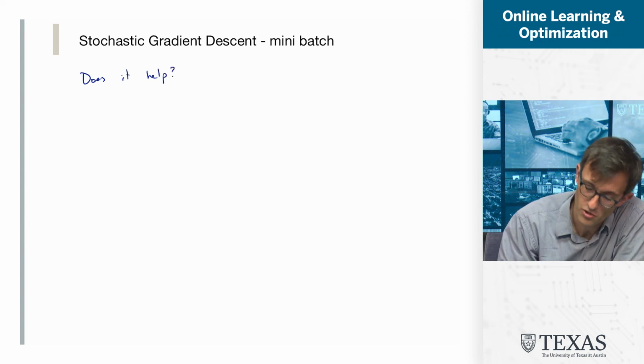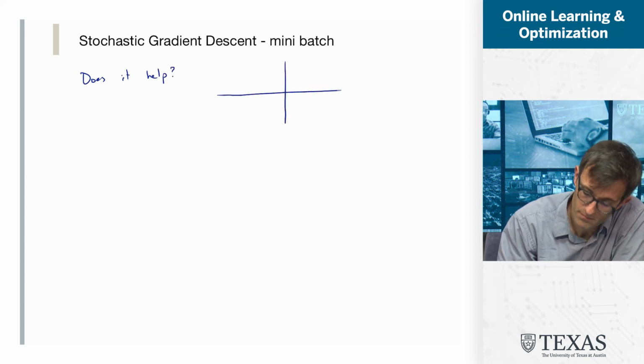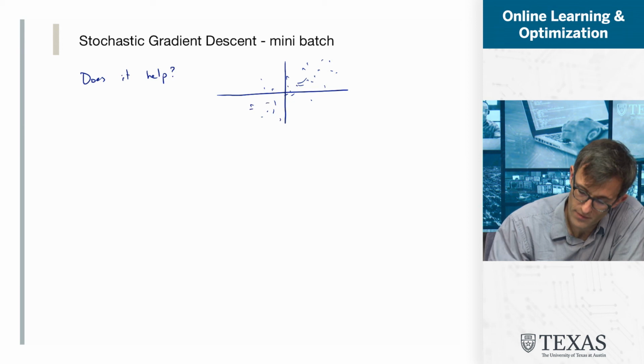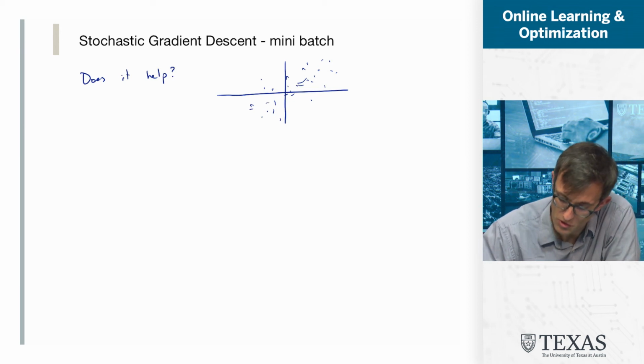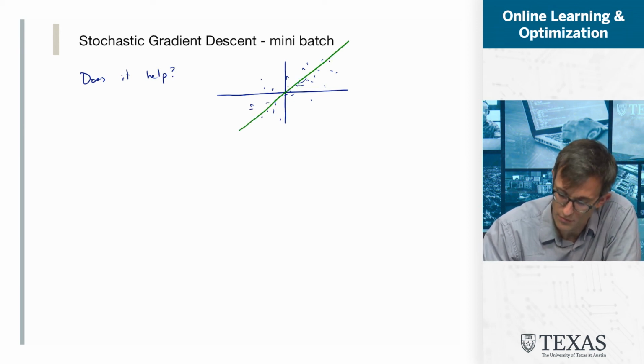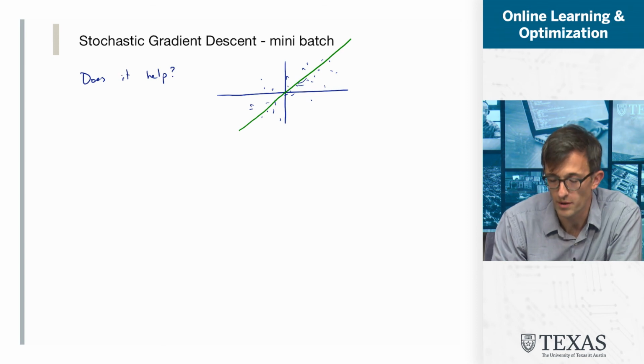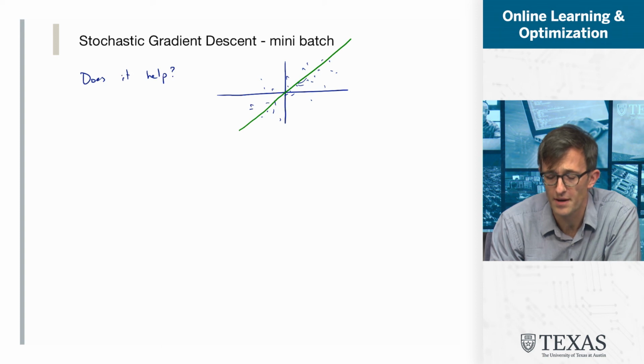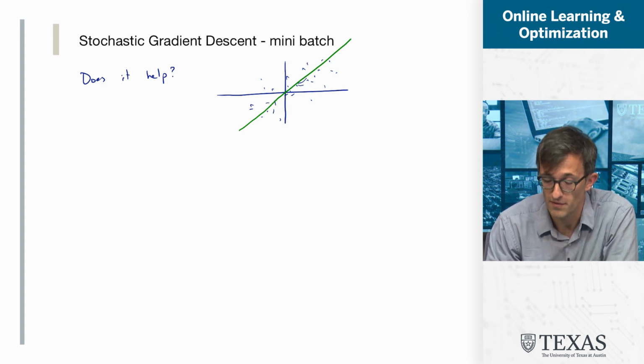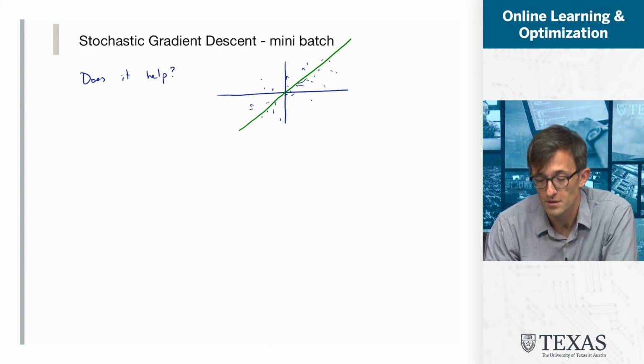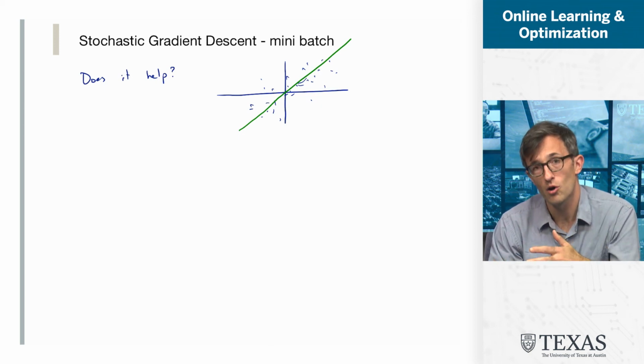Let's go back to that picture that we saw. This is our high variance regression setting. What happens when we pick just one point, even if we're at the optimal solution? No matter what point I choose, it's likely that it's going to ask me to change my solution quite a bit away from the optimal. But if I choose 50 points, what is the chance that all 50 points are on one side of the line? You can do that calculation.